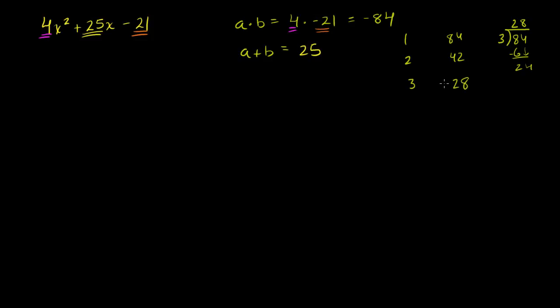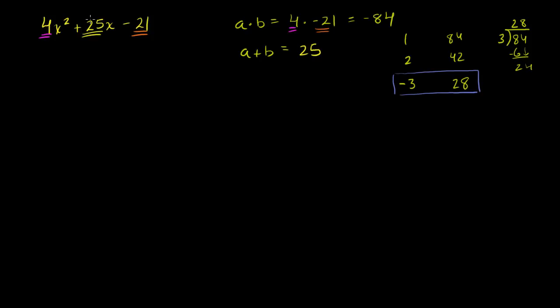3 and 28. Remember, one of these has to be negative. So if we have negative 3 plus 28, that is equal to 25. Now we've found our two numbers, but it's not going to be quite as simple an operation as when this was a 1 or a negative 1.